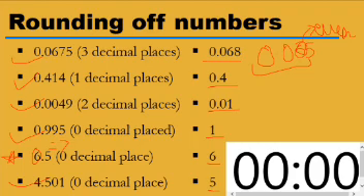But if there is an odd number, suppose we have an example here, 0.075, and we again have to round it off to two decimal places, then it will become 0.08, because 7 is not an even number, it's an odd number. So in this case, it changes.